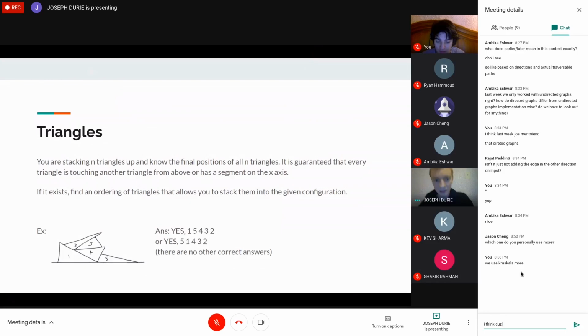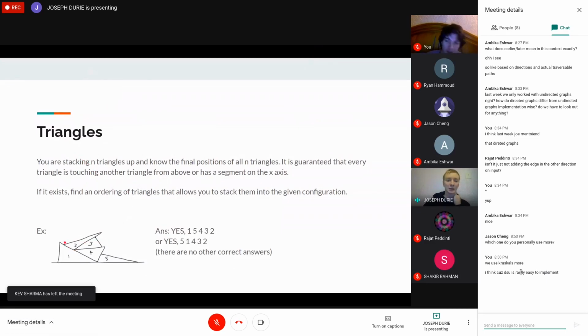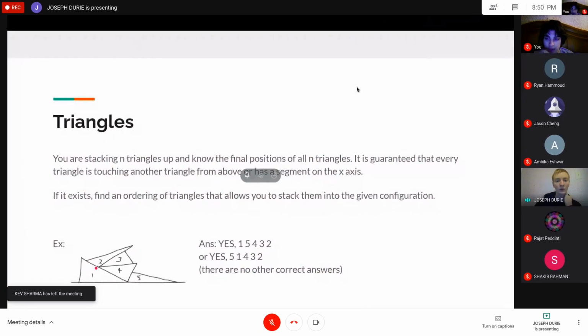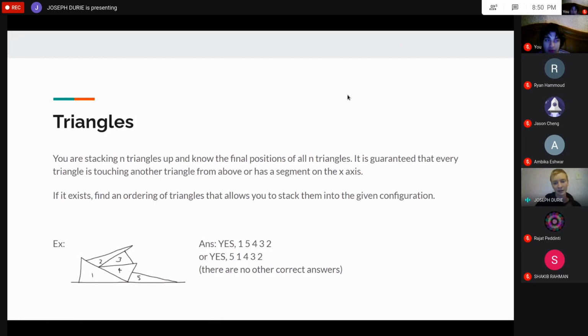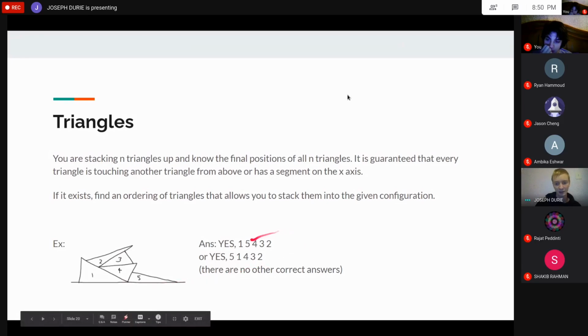It's guaranteed that every triangle is either lying on top of another triangle, like you see 2 is lying on top of 1, or it has a segment on the x-axis. So basically, you want to know one possible order that the triangles could have fallen down to get the given configuration. In this case, they could fall down in the order 1, 5, 4, 3, 2, or 5, 1, 4, 3, 2.